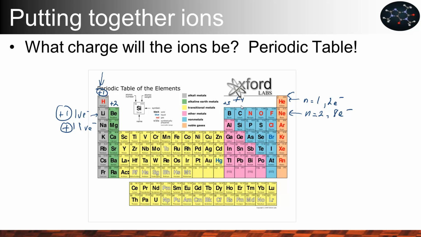But it could also gain 1, 2, 3, 4 electrons and have the same configuration as neon does, also a noble gas. So because it could gain 4 electrons, it could also be -4. Right, now it has 4 electrons more than it started with.